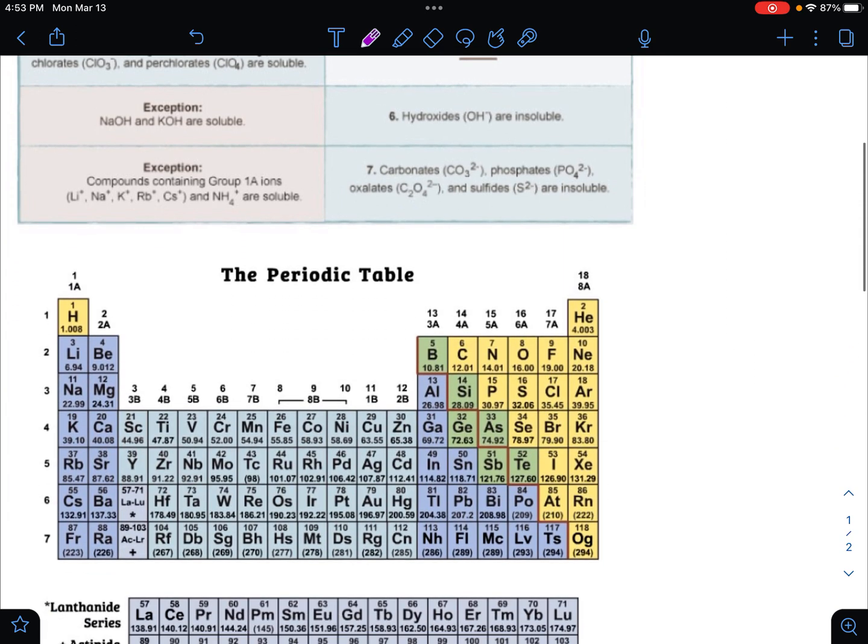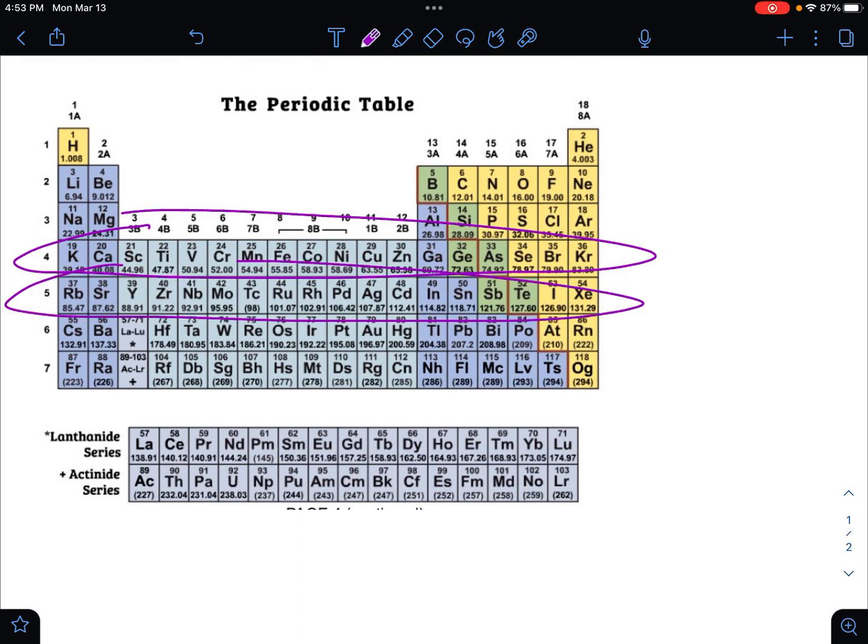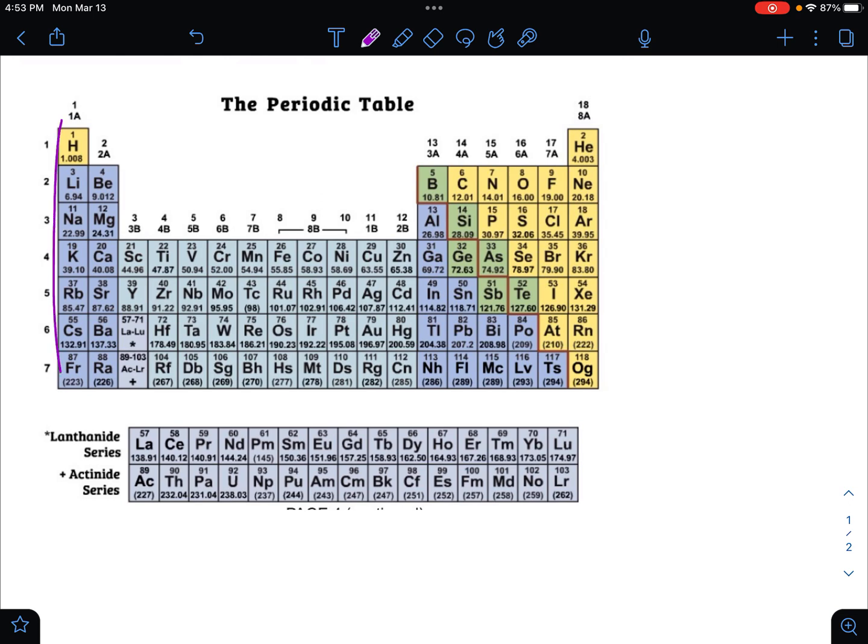So if you look at our periodic table, remember that the periodic table is organized in two main ways. It's organized horizontally into periods, and it's also organized vertically into groups. And so this said group 1A ions.